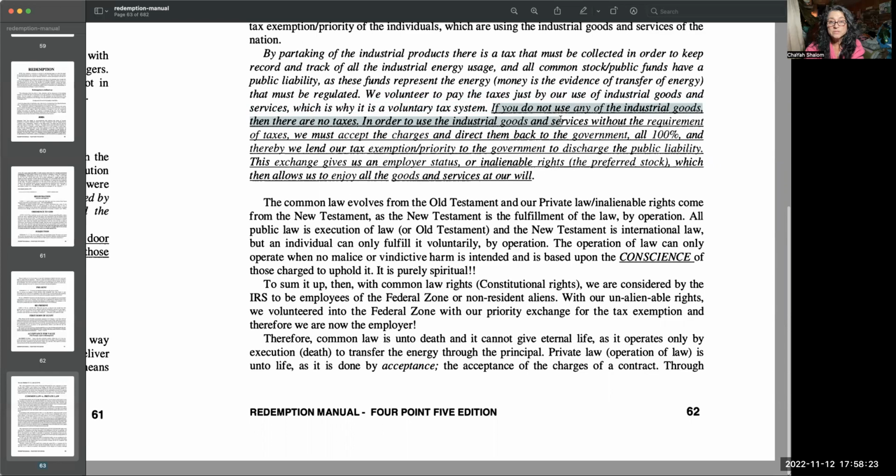In order to use the industrial goods and services without the requirement of taxes, we must accept the charges and direct them back to the government. All 100%. And thereby we lend our tax exemption priority to the government to discharge the public liability.